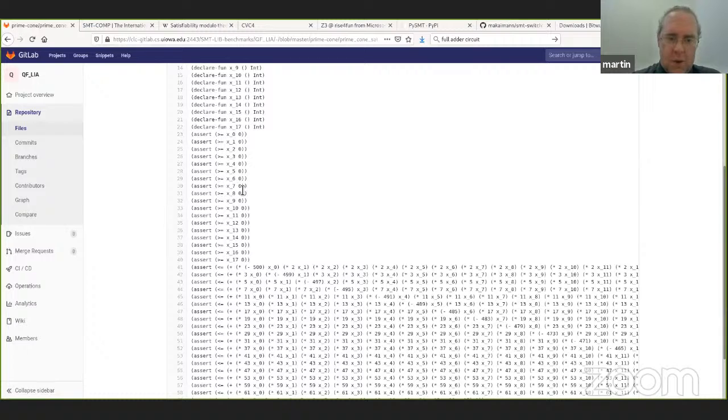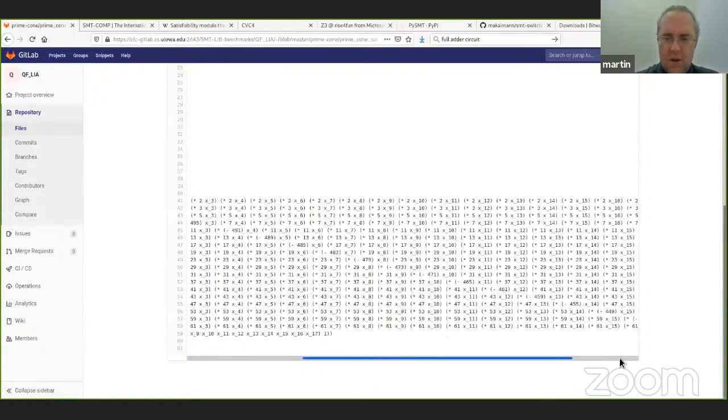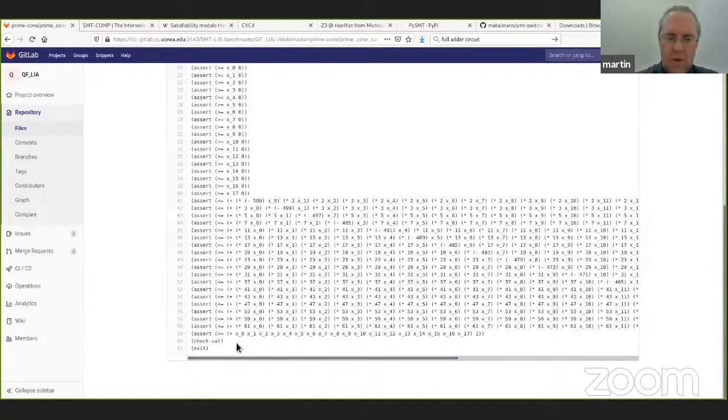Some are asserted to be in particular ranges, and then we've got these crazy big assertions at the end, and a check-sat and an exit. Cool. So I think that's pretty much everything I wanted to say about SMT-LIB.